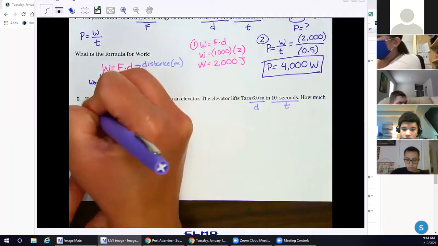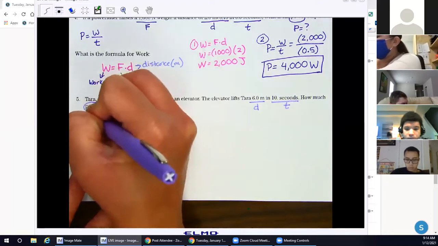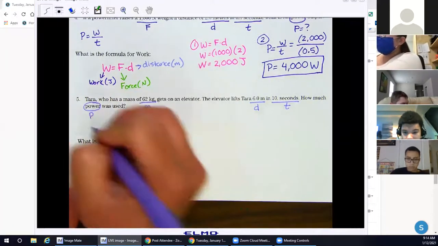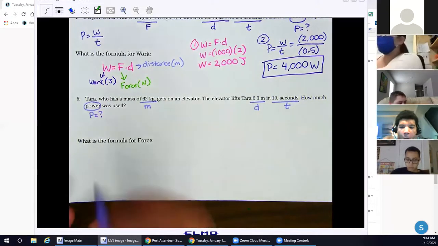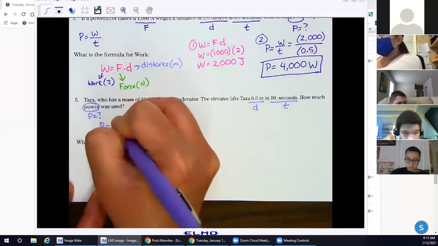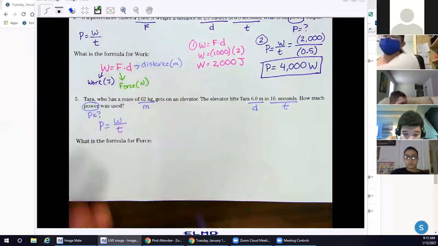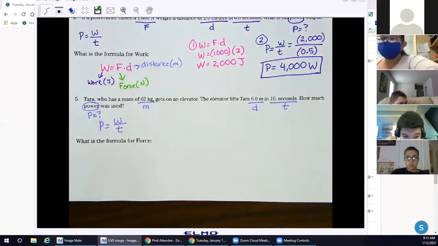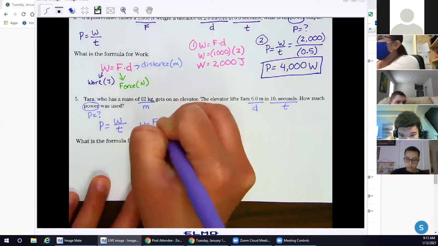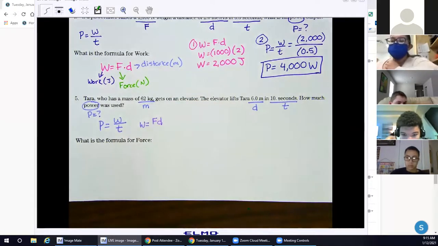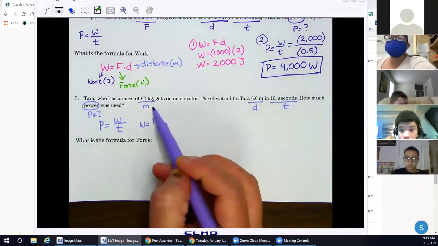So we're looking for power, and the formula for power is work divided by time. But we don't have work either. So the formula for work is force times distance. But we don't have force. We don't have anything that's measured in newtons. We have something that's measured in kilograms.